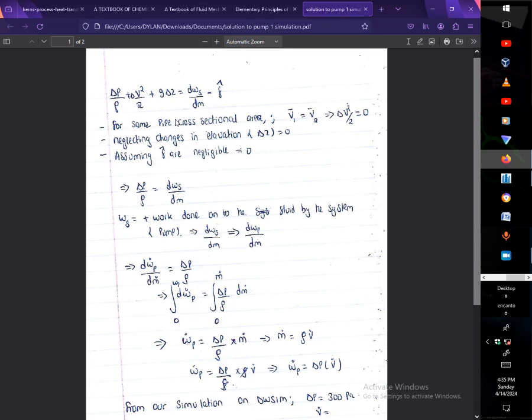We neglected it to be 0, and we also neglected changes in elevation, because you're dealing with a positive displacement pump or a centrifugal pump, and the changes in the potential term are negligible compared to the pressure changes.